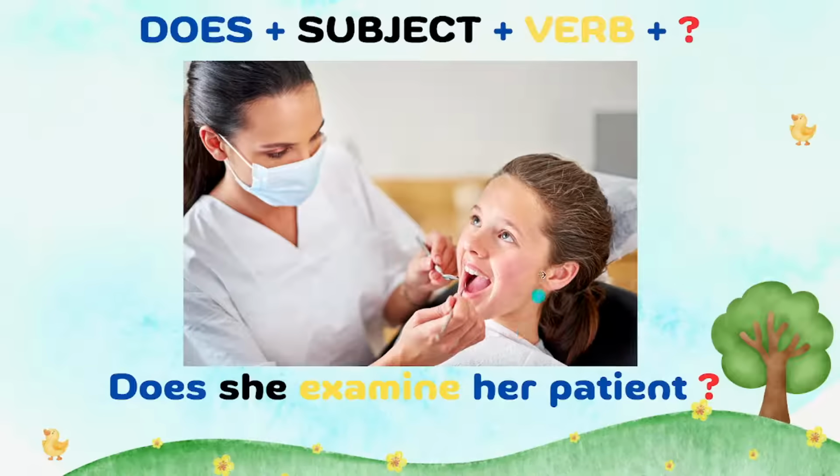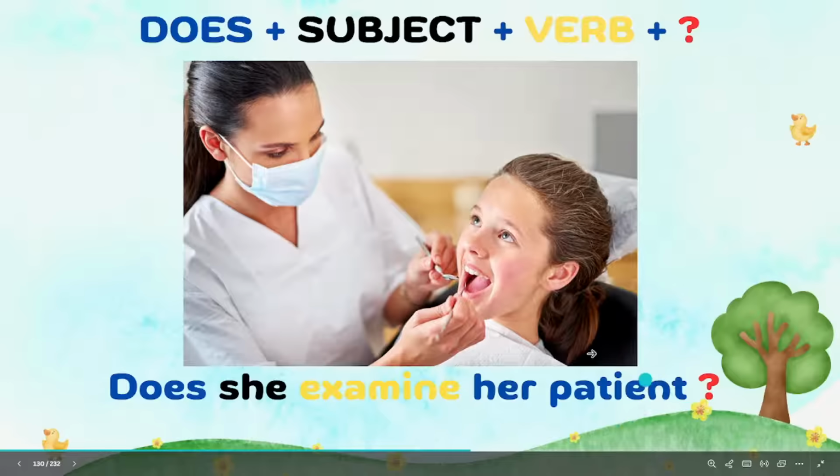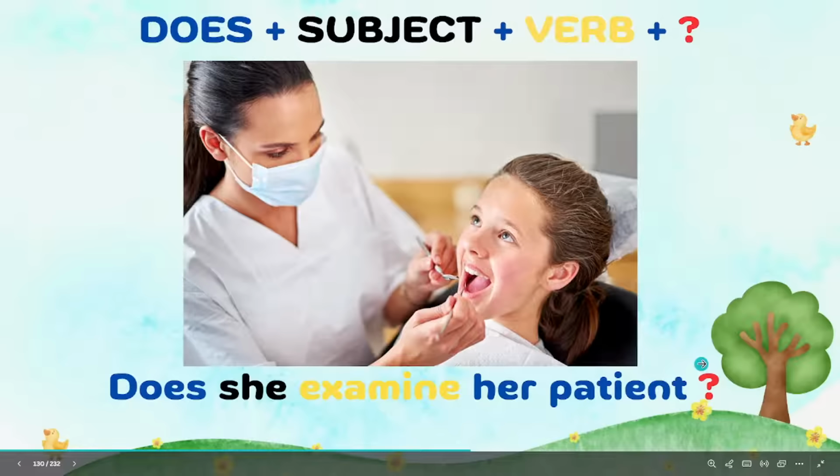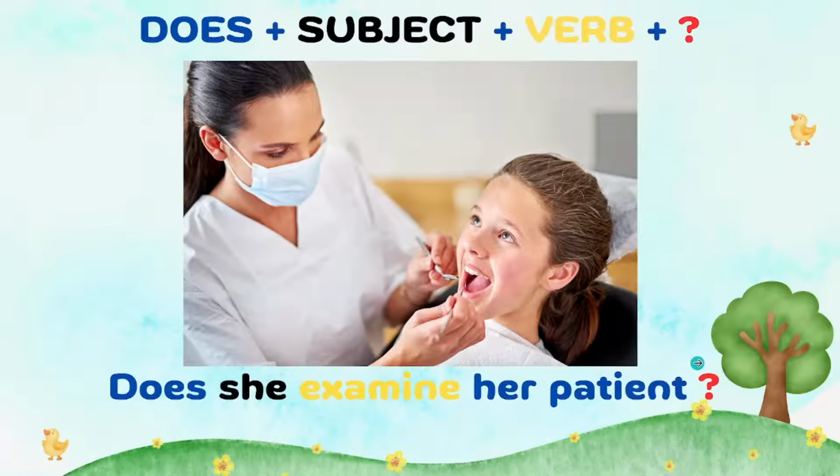She's examining her patient, and this girl is the patient. Then put the question mark. So again, this is how you are going to say it: "Does she examine her patient?" Alright, everyone?